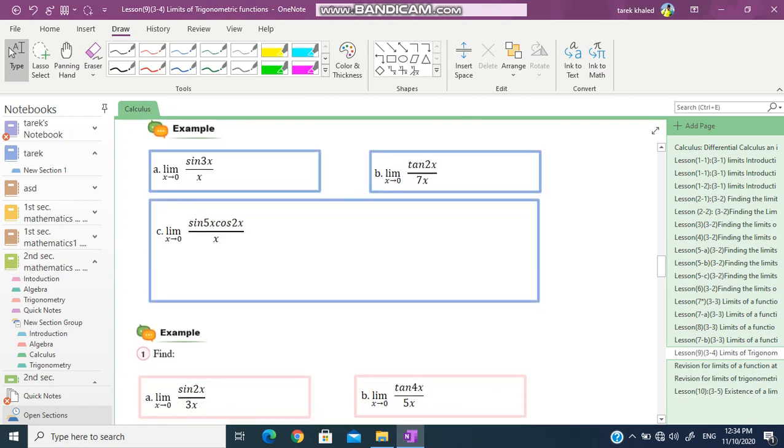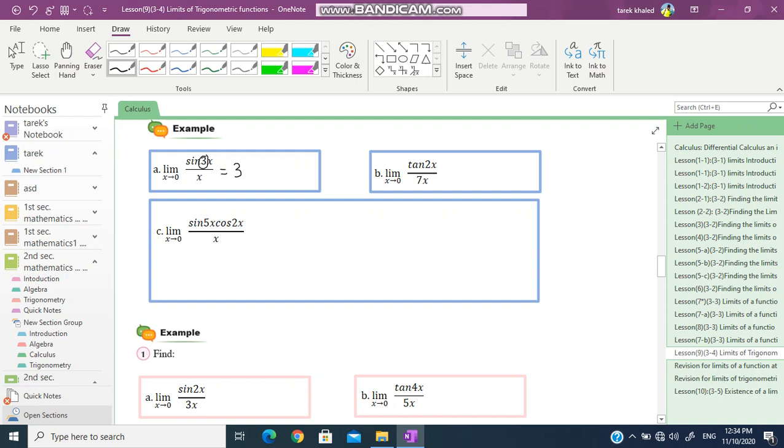Let's move to the first example. You have the limit as x approaches 0 of sine 3x over x. x must approach 0 to use the theorem. As x approaches 0, sine 3x over x gives the result 3, the coefficient of the angle.